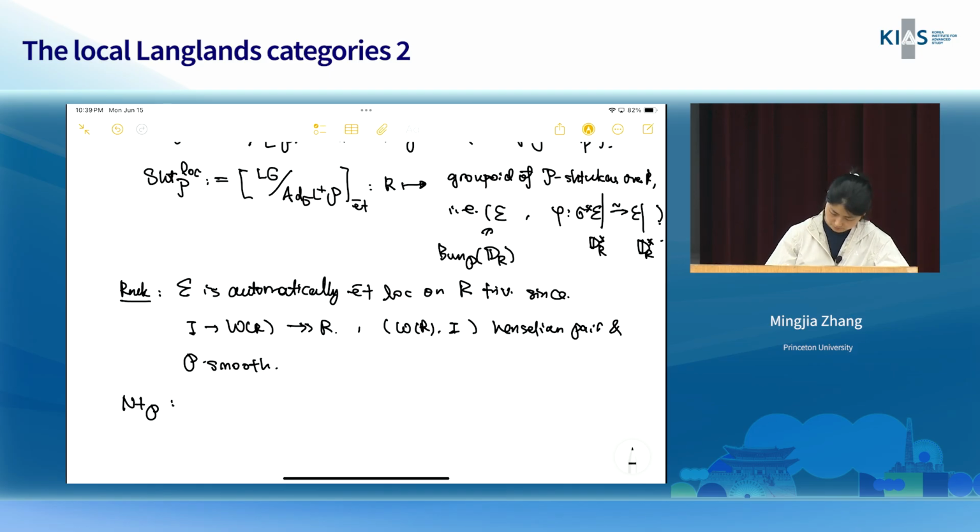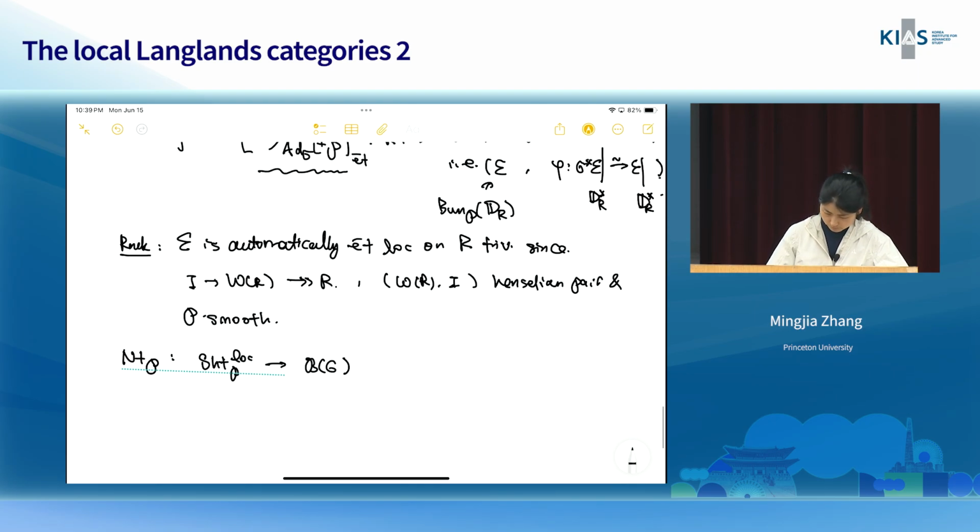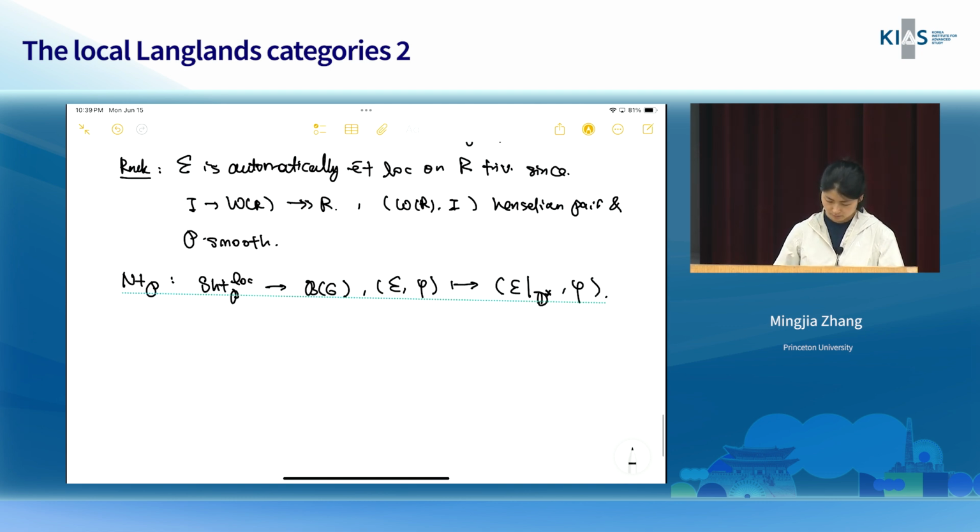So now, once one has this moduli of Stukas, one can define a map. Either just using this presentation of the stack, or using the moduli interpretation, one sees that there is a natural map from this thing to BG. In terms of the moduli interpretation, this sends E, phi to the restriction of it to D cross. Then the most important property of this map is that it is ind-PFP proper and surjective, and we need this property because of the sheaf theory we consider later.